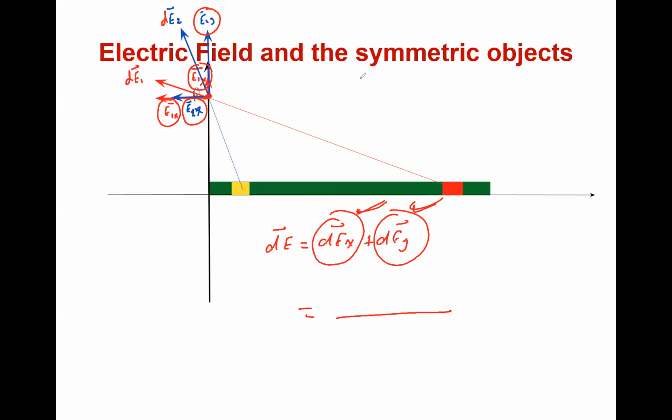I think now you understand the idea of when we have symmetry and when we don't. To summarize: for any object, if you want to know whether the object is symmetric or not, you take two portions to the right and to the left, or near the extremities of the object, and you draw the X and Y components of the field created by these two small elements.